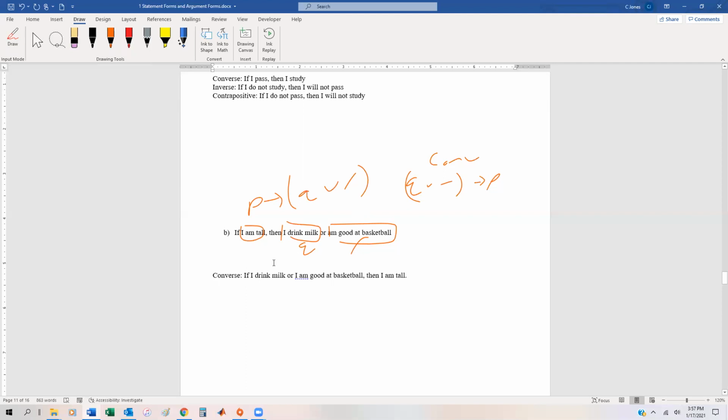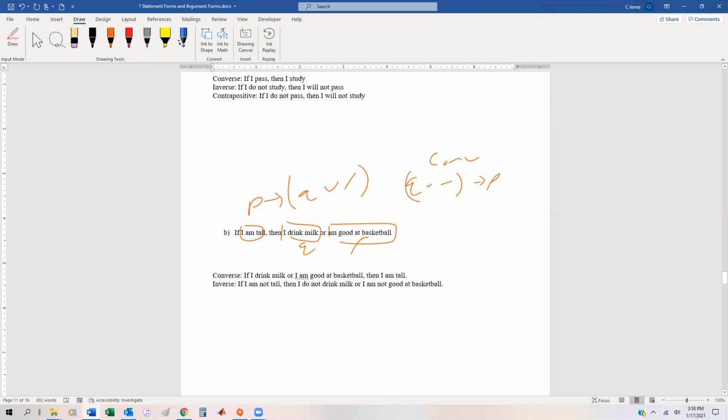Now, unfortunately, with the inverse and the contrapositive, a lot of times students will make a mistake here. So I'm going to make the mistake first, and then I'm going to explain what the mistake is. So remember, the inverse, you just negate. Generally, a lot of students would write it like this: if I am not tall, then I do not drink milk, or I am not good at basketball.